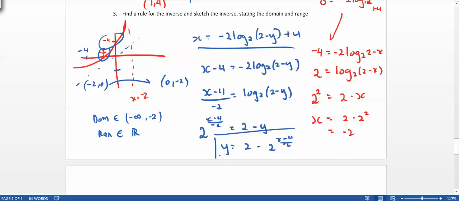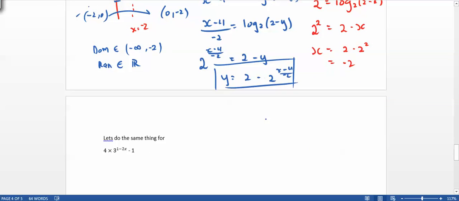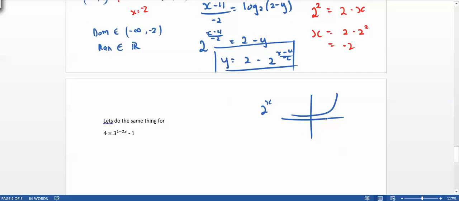Now, what is the shape of that graph? We know these key points, but for the shape, if I had a 2 to the power of x graph, I know that's going to look something like this. If I had a negative 2 to the power of x graph, that's going to look something like this.